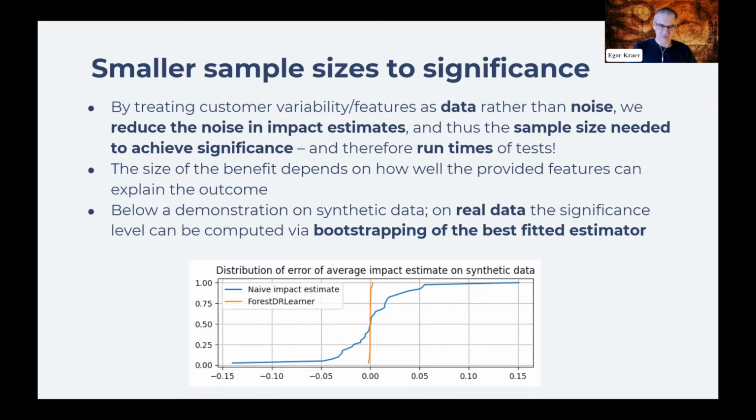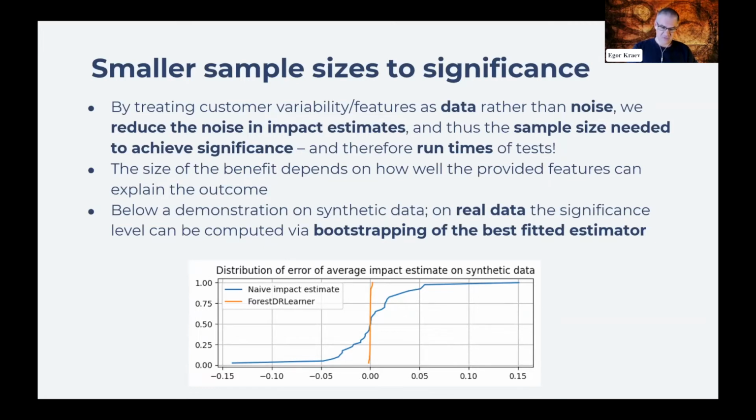Now, we're still working on quantifying that. The graph below shows that on synthetic data, we know exactly the actual impact and therefore the actual error. The estimate by using a fancy method is much tighter, much less noisy than the naive method of just treated minus untreated.